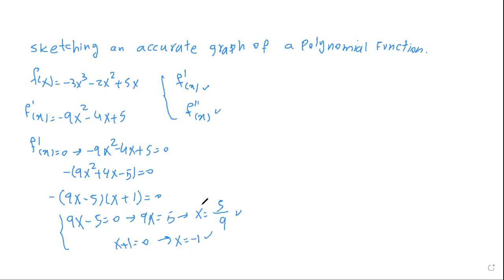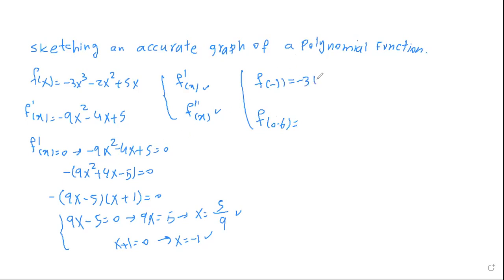Another, when we find the points, we need f of negative 1 and f of 5 over 9. 5 divided by 9 is about 0.56, so 0.6. What is f of negative 1?